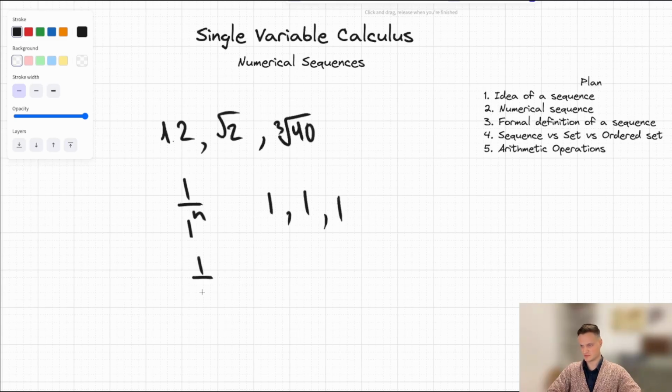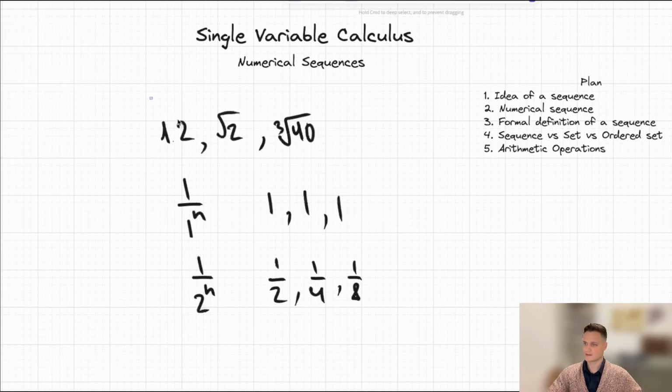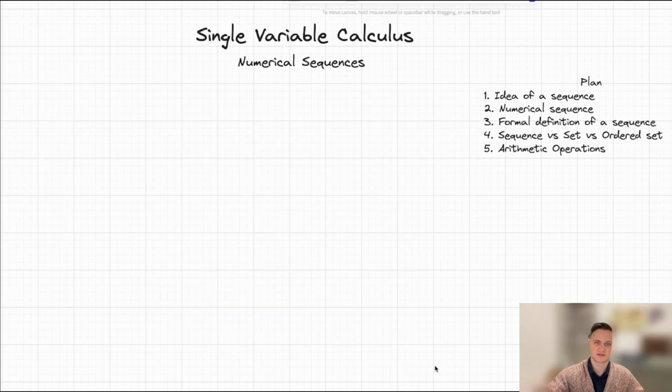But if we say, for example, 2, the first element will be 1/2, the second element will be 1/4, 1/8, and so on and so forth. So again, a numerical sequence. And mostly in calculus, numerical sequences are used. So that's why, if it is mentioned as just a sequence, by default it's considered a numerical sequence to avoid misunderstandings. So now let's dive into the formal definition of a sequence.